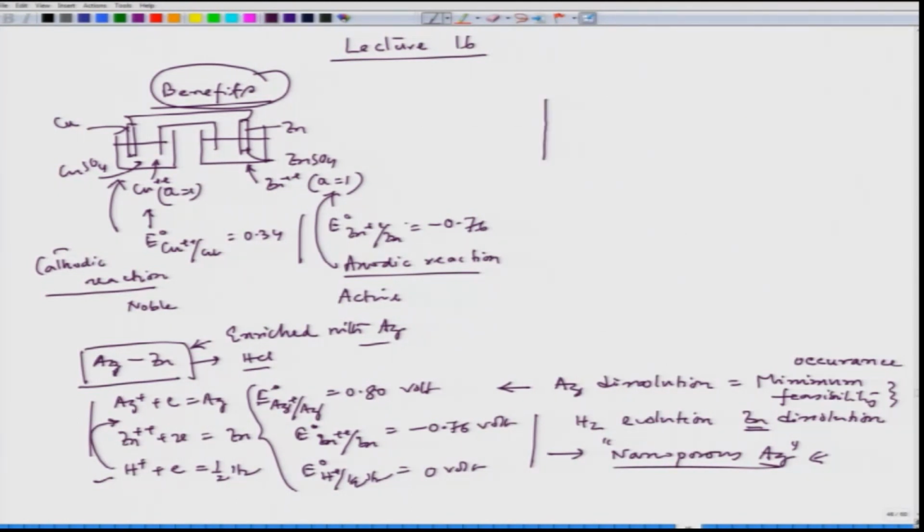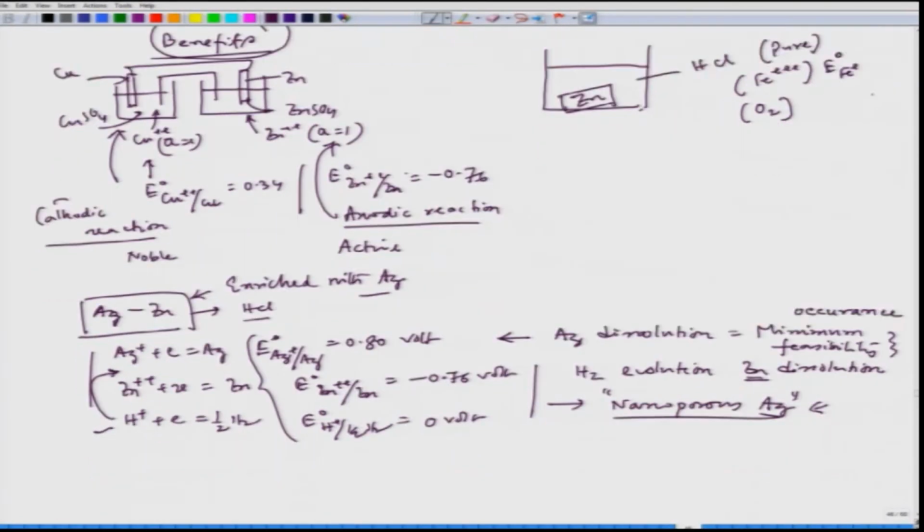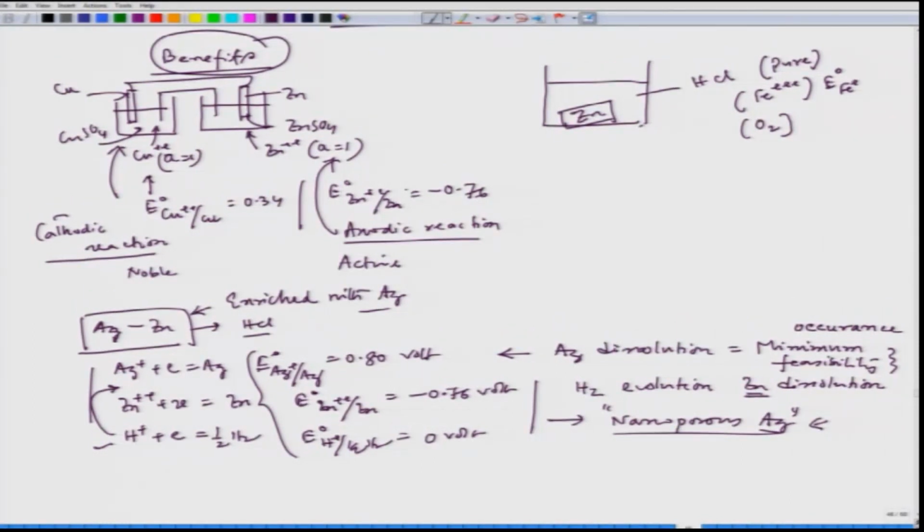For example, if we have an acid medium and there we have a silver plate and a zinc plate, and if it contains Fe3 plus ion, and if it contains dissolved oxygen, the dissolution rate of zinc would increase, because the reduction potential E0 for Fe3 plus plus e equal to Fe2 plus is 0.77.